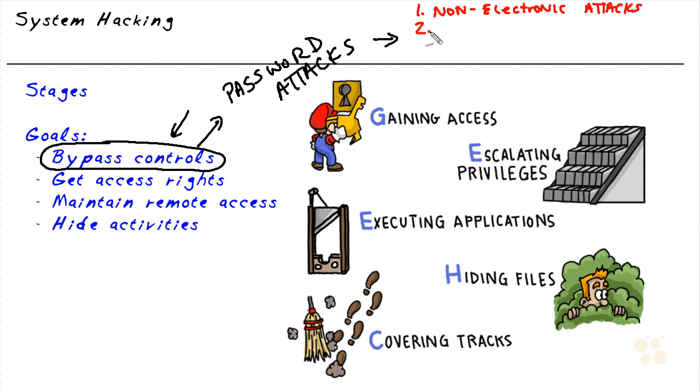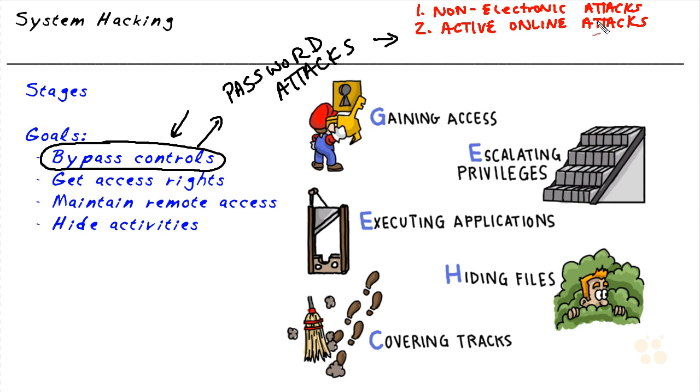A second category is considered active online attacks. And this is where the attacker is directly interacting with the victim's system. An example of an active online attack would be a dictionary attack, where we have a list of like 11 billion possible passwords, and we're trying each and every one of those through a system, hoping that we can discover the password the user has used.